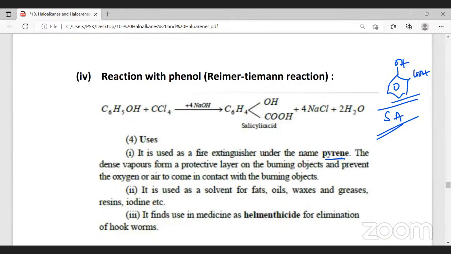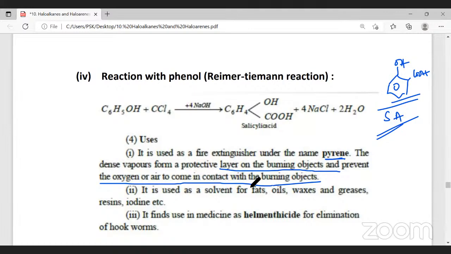The dense vapors form a protective layer on burning objects and prevent the oxygen or air from coming in contact with the burning object. Therefore, the fire can subside.